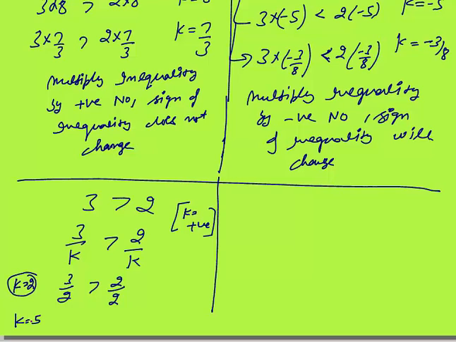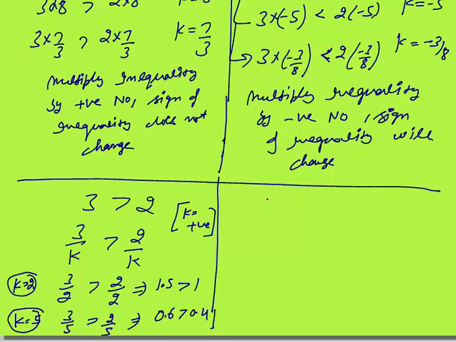If k is 5, 3 by 5, 0.6, is greater than 2 by 5, 0.4. So very important, if you divide by a positive number, the sign of inequality will not change.